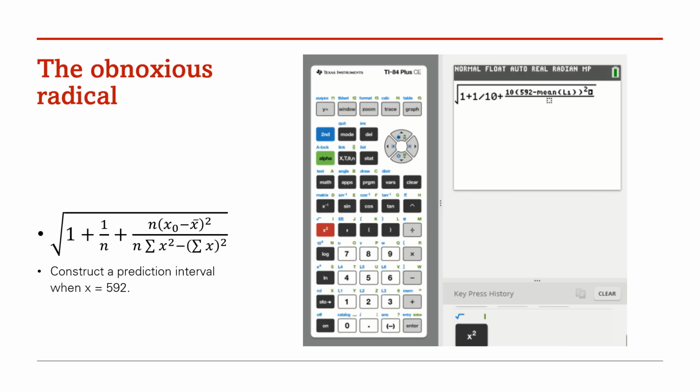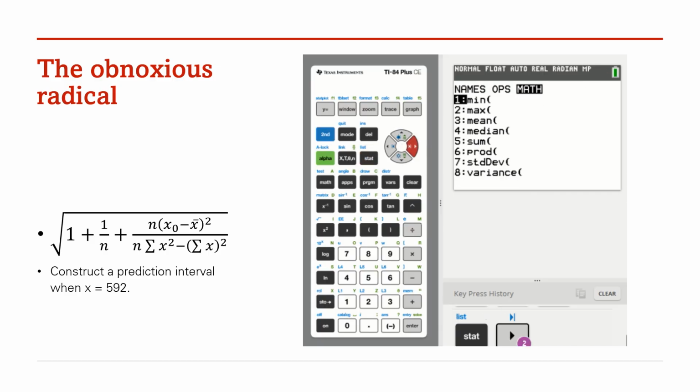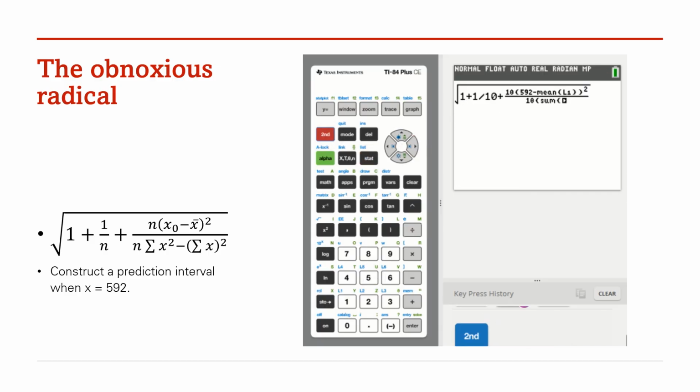And then down here, then I need 10 again. And then the next thing is the sum of all the x values squared. So second stat, math, the sum of the x values, that would be L1. And those are squared, close it. And then I'm going to close that again because I don't want the 10 to multiply by anything else.